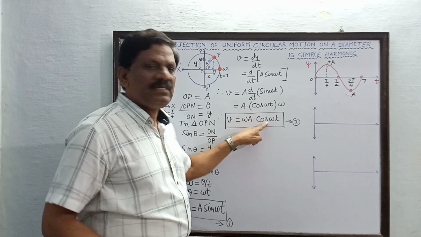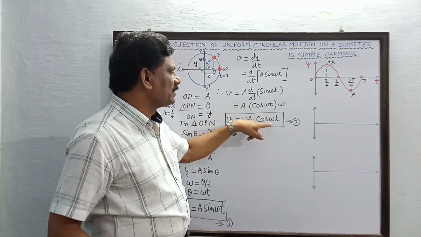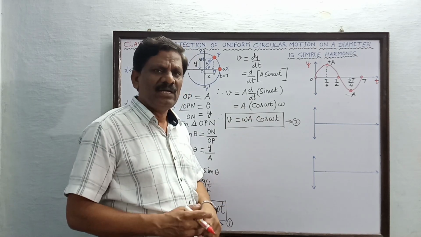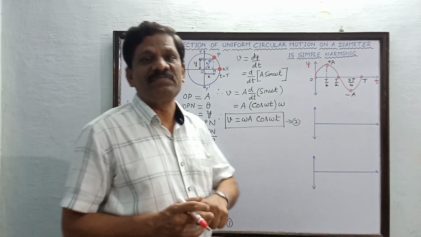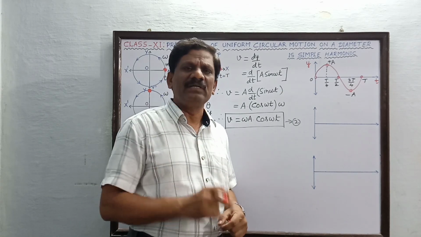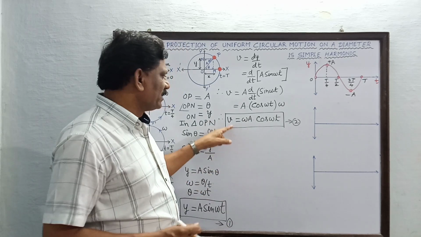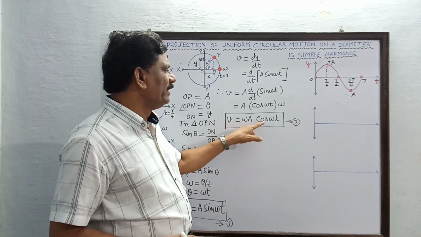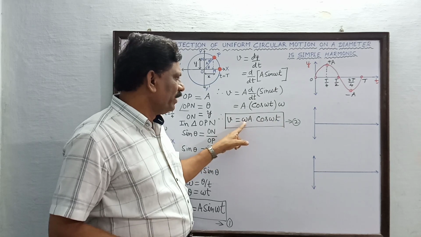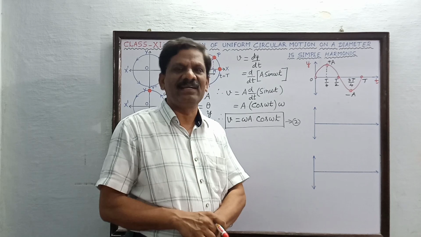Can you see the expression for velocity is expressed in terms of a cosine function. Cosine function is also a simple harmonic function. So the velocity of this particle also is simple harmonic. And the expression is v equal to omega a into cos omega t, where omega into a is the maximum value of the velocity the particle can attain.